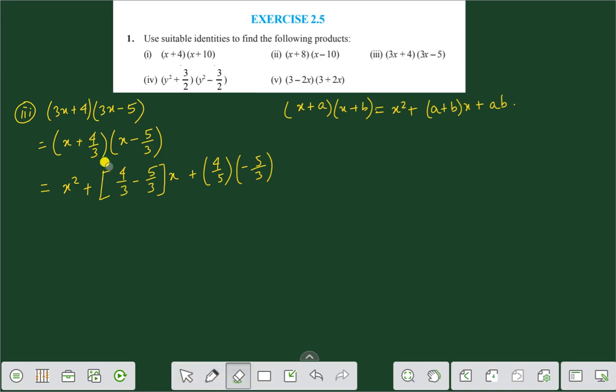Or you can put it in bracket also. Let us put it in first bracket. Using this identity, x square plus (a + b)x plus ab.